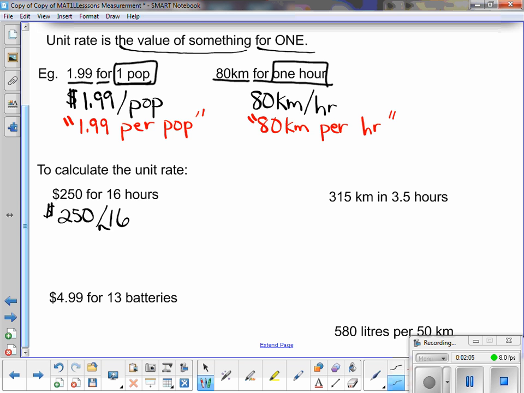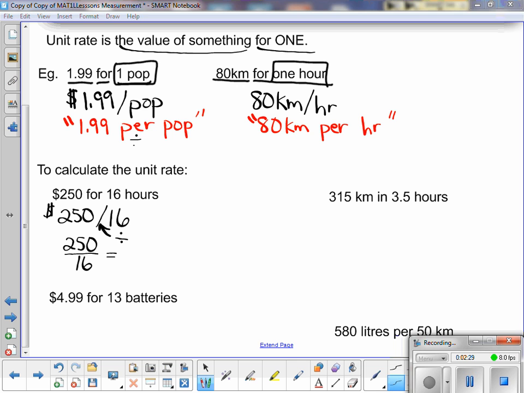And that per, by the way, in math means divide. No one told you that, right? That means divide. So we have 250 divided by 16. Okay, or I can stack it like that. I like stacking it because I don't like doing actually the dividing sign. So now what we do is we take our calculator to see how much it is per 1 hour.